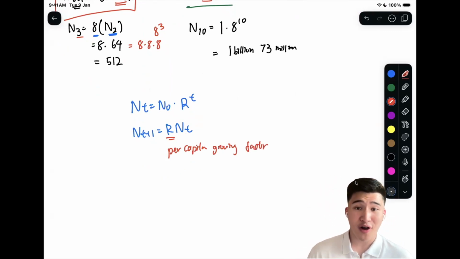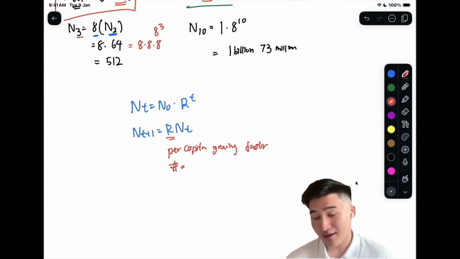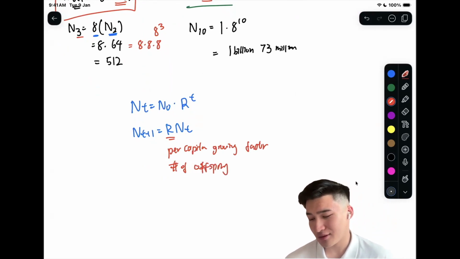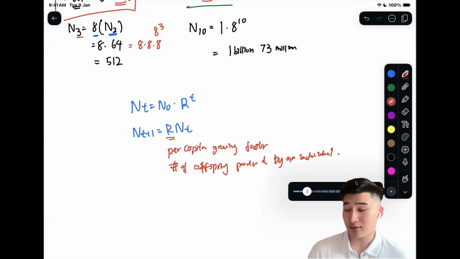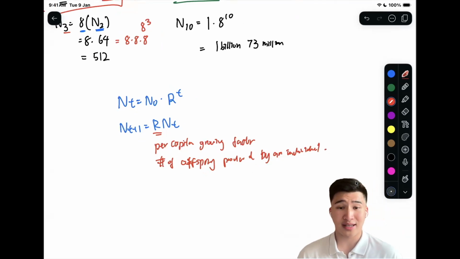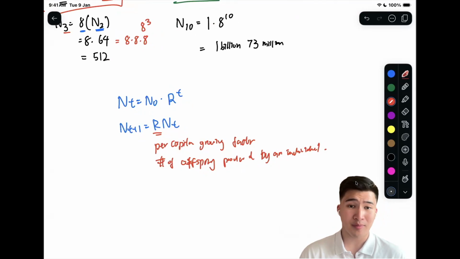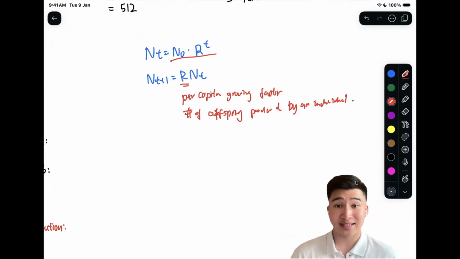It is the number of offspring produced by an individual. As we know from the question, it's 8, and r is super important because it dictates how our function goes and behaves. But that would be a concept for another time when we talk about difference equations.